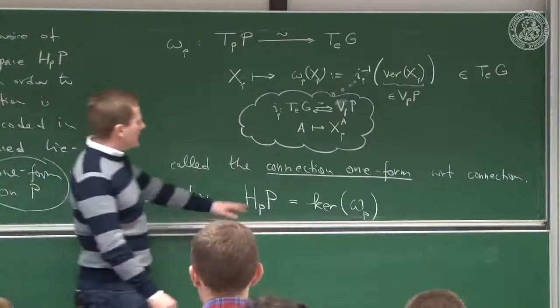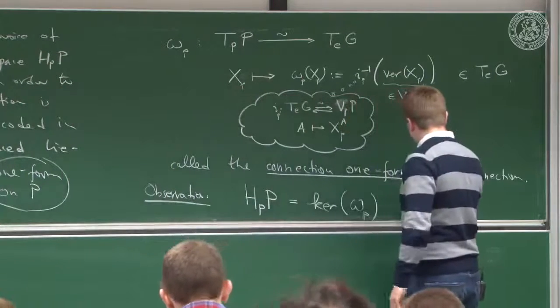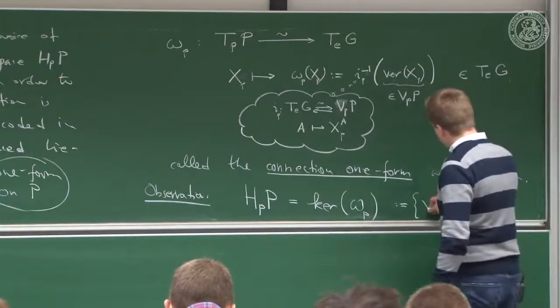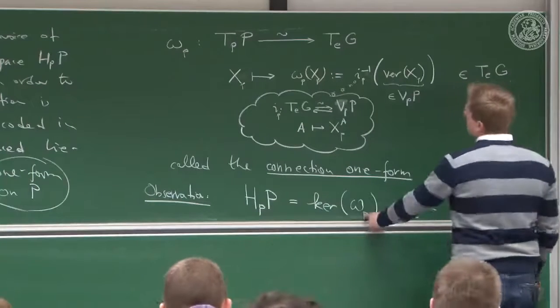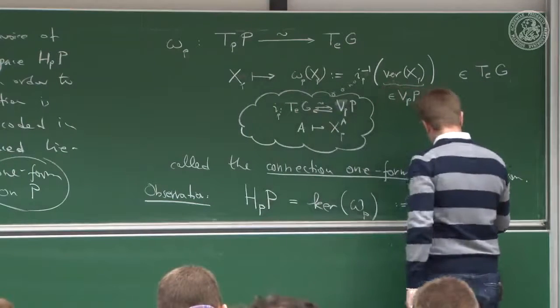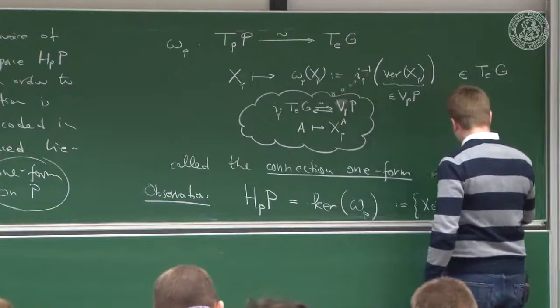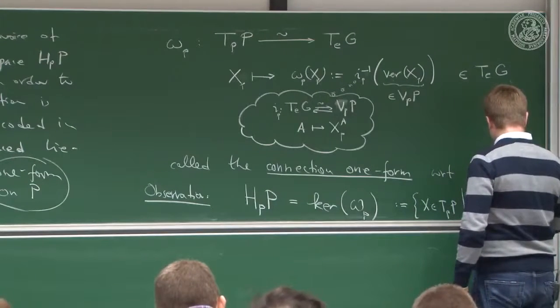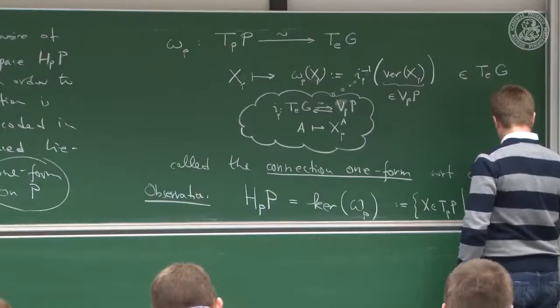So I again define the kernel, you know what the kernel is, but it's nevertheless useful to write this down here: it is all those x in the domain T_P P which are sent by the omega to 0.